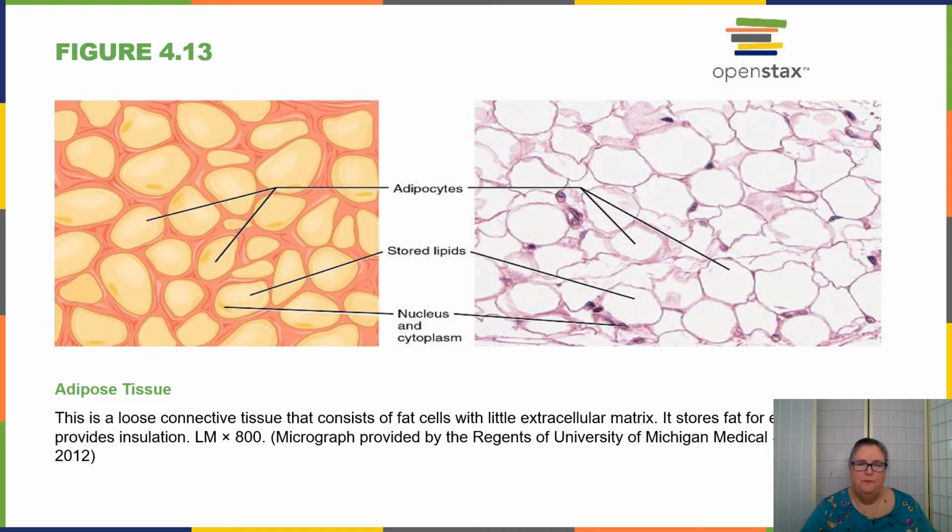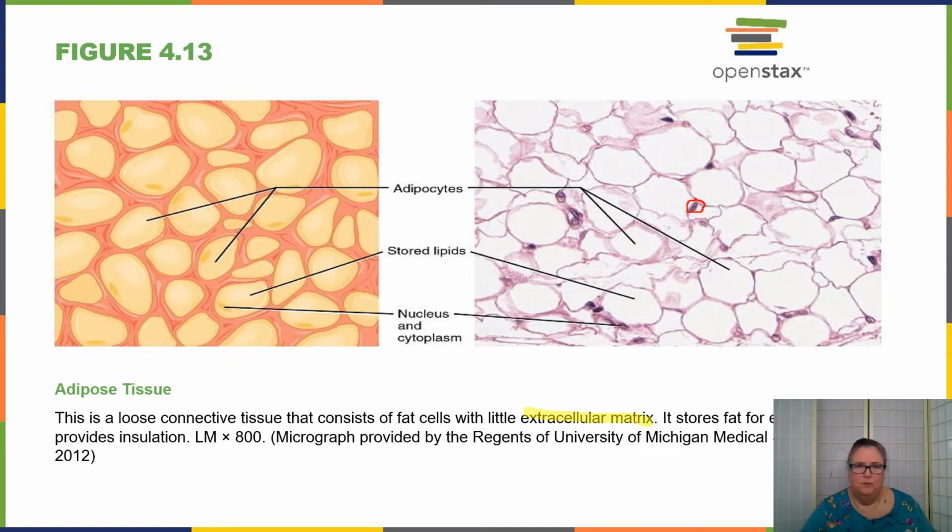Adipose tissue is a loose connective tissue that consists of fat cells. In this case, the extracellular matrix is pretty small. We can see in the cell that it's basically filled with a fat droplet, and the nucleus is pushed up against the side of the plasma membrane, right? So there's a nucleus pushed up against the side.